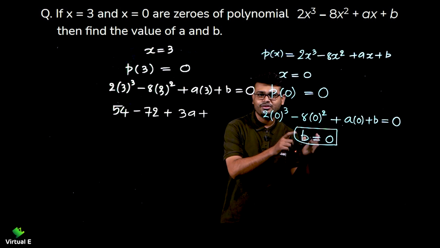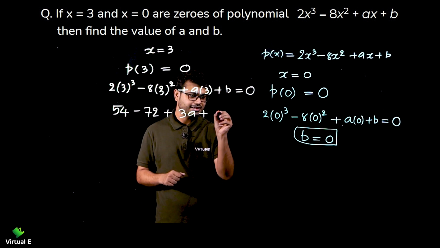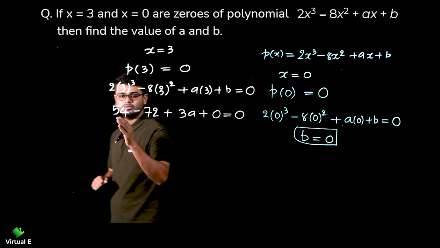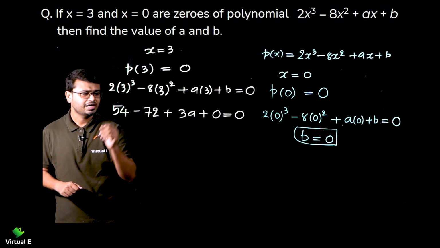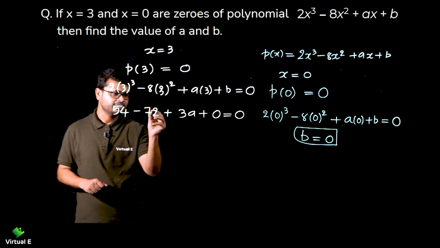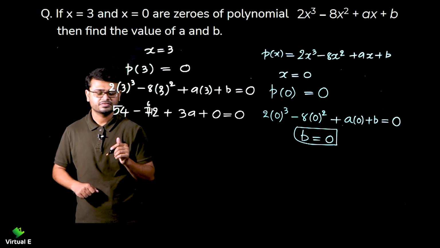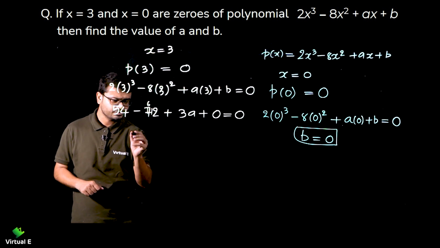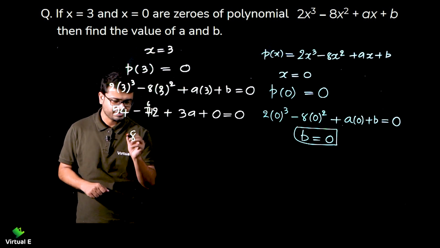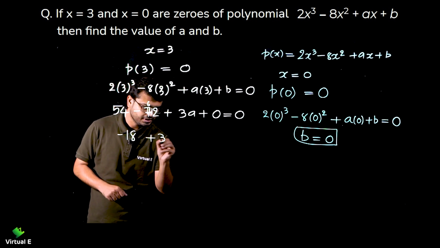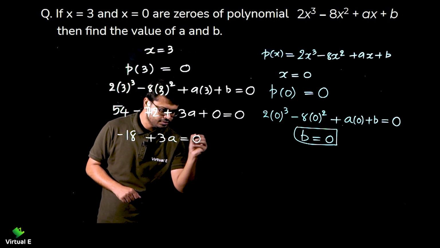See, we have the value of b over here. Let's substitute. That is 0 here, equal to 0 as well. Now 72 and 54, let's subtract. Here 12 will be there, here 6 will be there. So 12 minus 4 is what? We are going to get 8, and 6 minus 5 is 1, and negative will be there. Plus 3a is equal to 0.